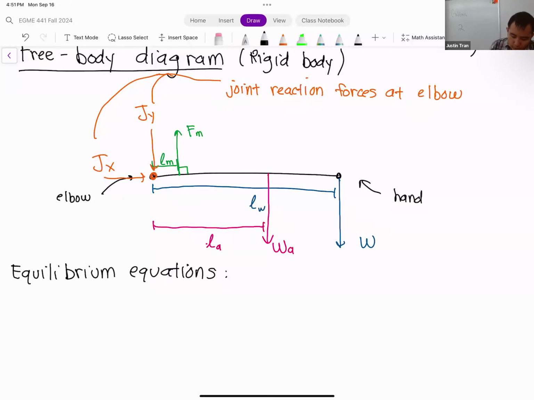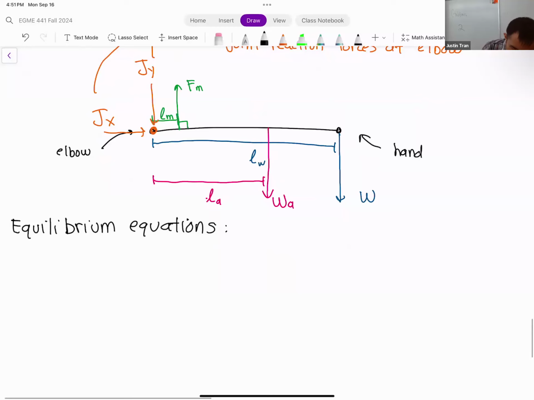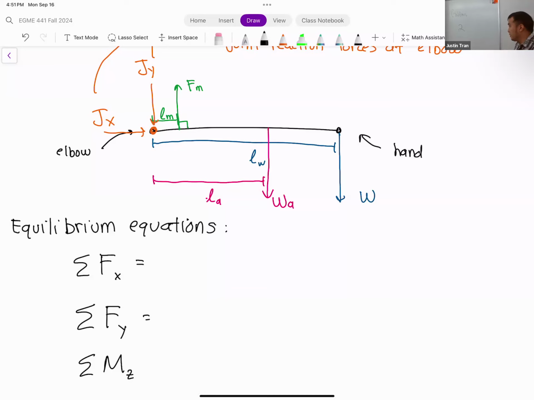So our three equilibrium equations are the sum of the forces in the x direction, the sum of the forces in the y direction, and the sum of the moments in the z direction. So let's start with the sum of the forces first. That's probably the most straightforward way to start.